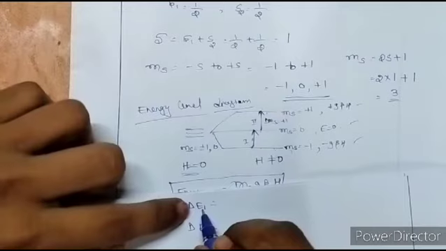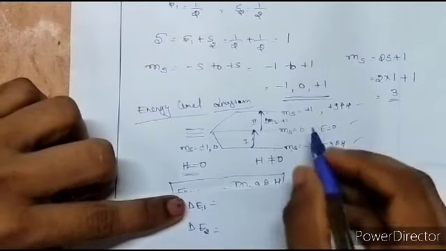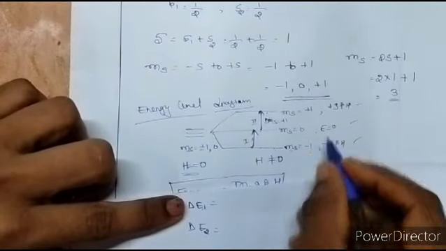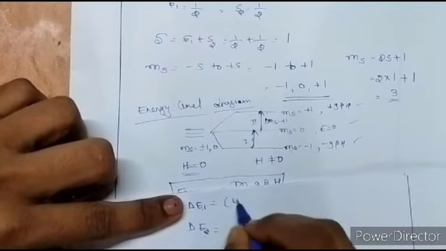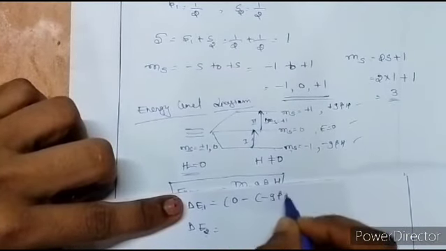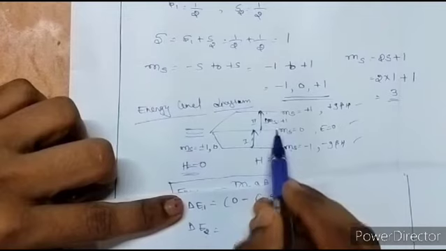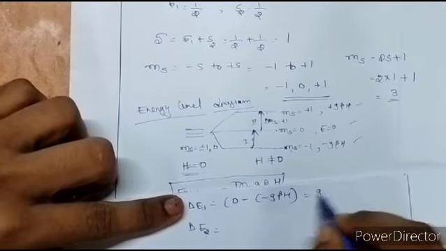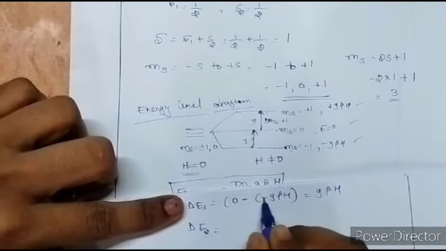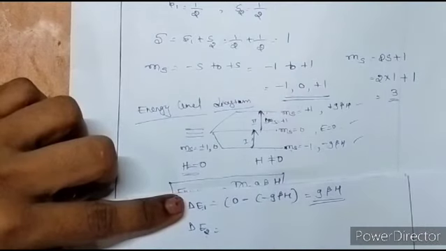Now, what is delta E1? It is this minus this. So you get 0 minus (-g beta h). This minus this, and because minus negative is positive, you get simply g beta h.